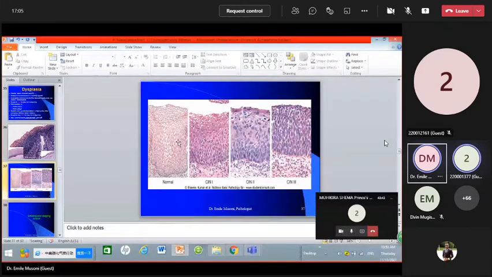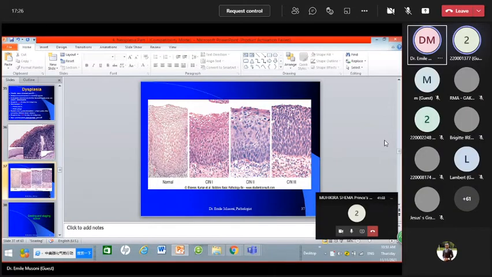For example, dysplasia is known as CIN1, CIN2, CIN3, cervical intraepithelial neoplasia 1, 2, 3. 1 is low grade, here it is intermediate grade, here it is high grade. High grade is known as a carcinoma.